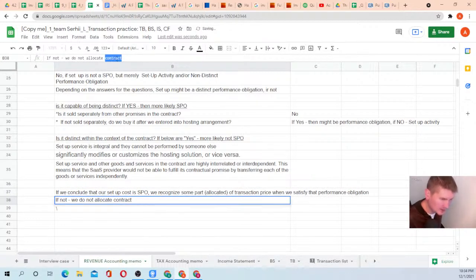We do not allocate transaction price to setup cost.